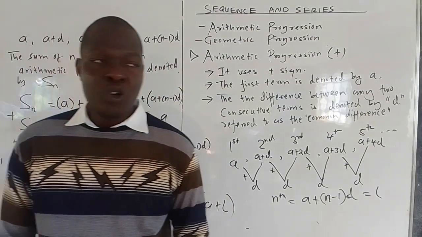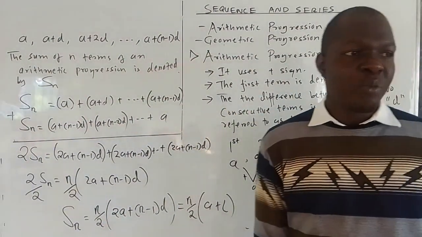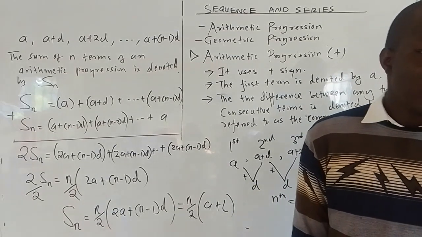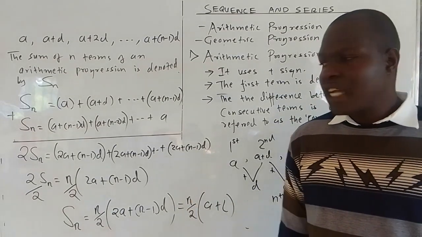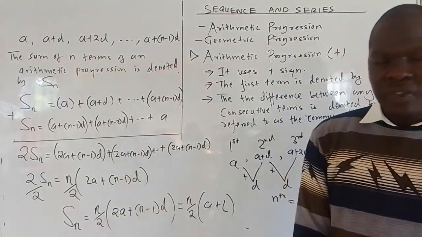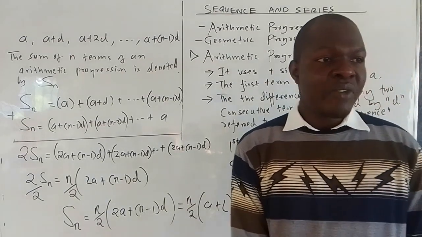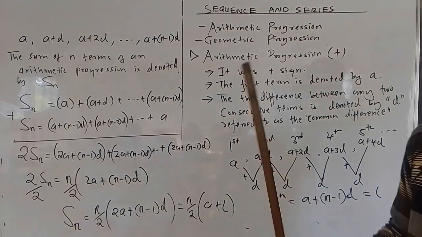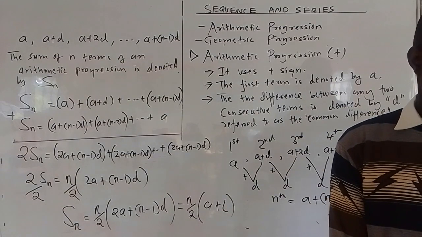And you should actually know that the sum of the n terms of an arithmetic progression is given by n over 2 in bracket a plus the last term, or n over 2 in bracket 2a plus n minus 1 into d, isn't it? Then, when you know all that, you will never have any problem involving this kind of progression, the arithmetic progression. Are we together?